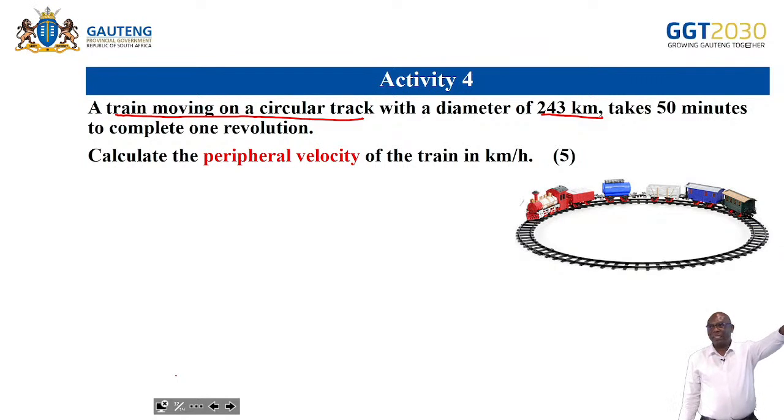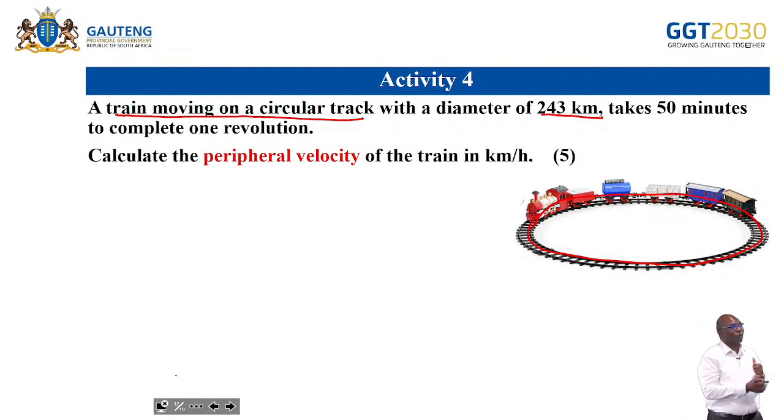It has a diameter of 243 kilometers and takes less than an hour to complete 1 revolution. In other words, we want to find out the speed of the train for it to complete that circular track in 50 minutes.